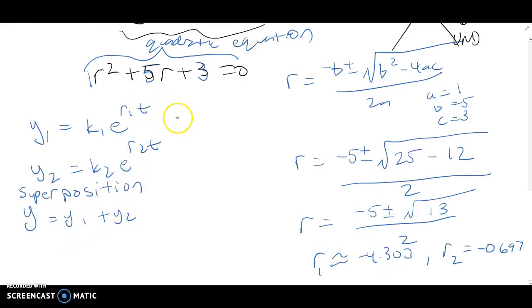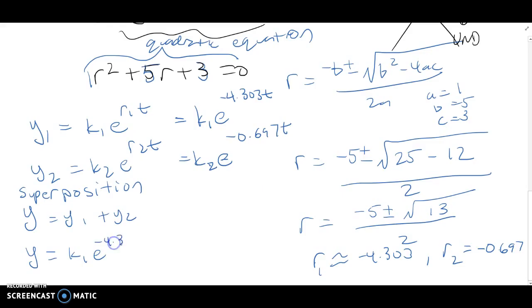So what does this become? This is k1 e to the negative 4.303t, and this one is k2 e to the negative 0.697t. And now I have my final solution. My general solution is going to be k1 e to the negative 4.303t plus k2 e to the negative 0.697t.